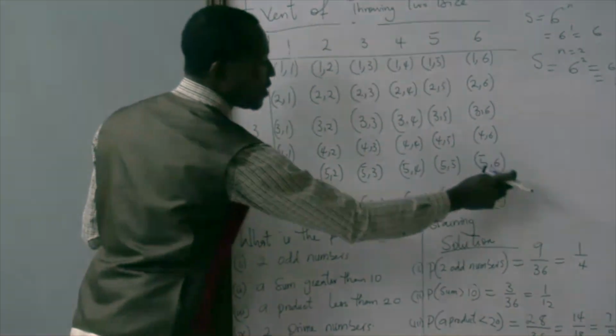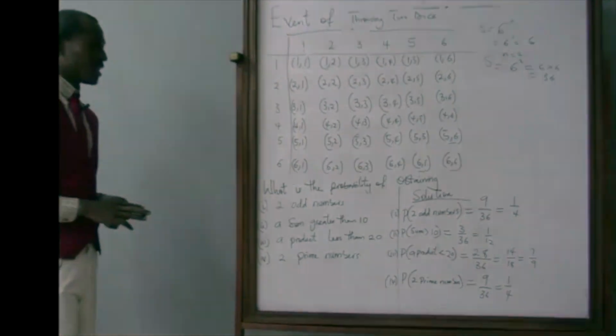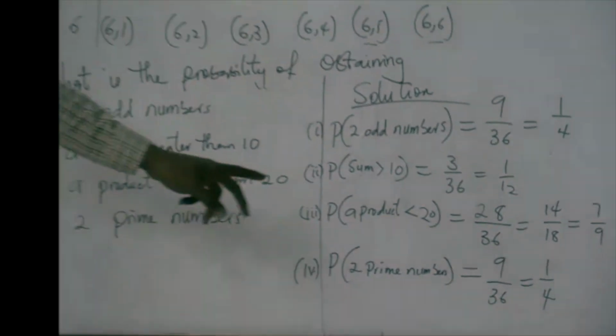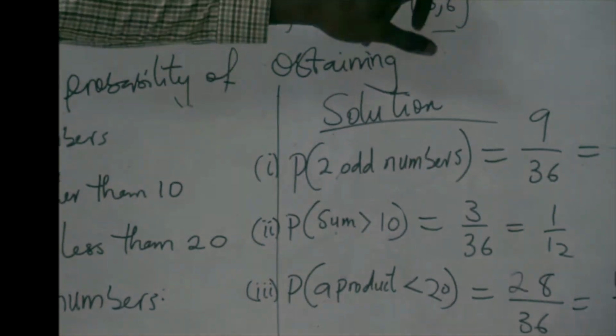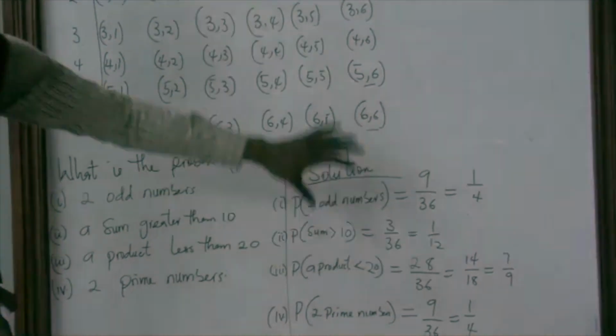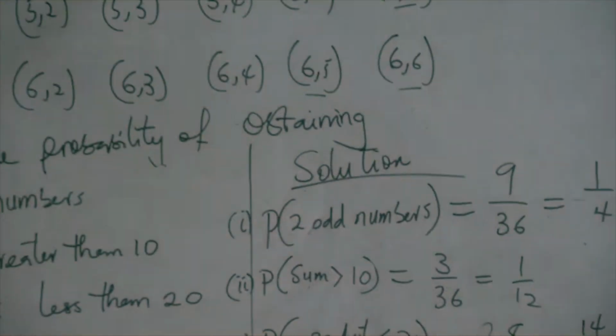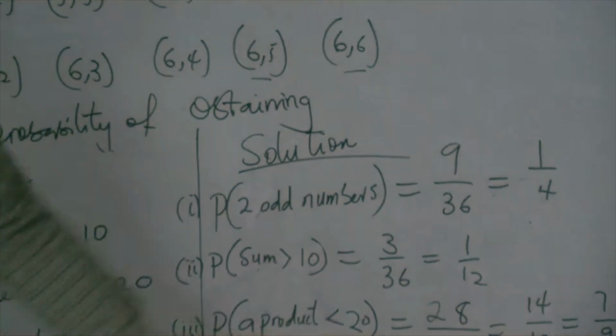So we have 3 of them favoring a sum greater than 10. So the probability of obtaining a sum greater than 10 is 1, 2, 3, so 3 over 36, which is the total possible outcome. If you divide this further, 3 over 36 is 1 over 12. That is it in a simpler form.